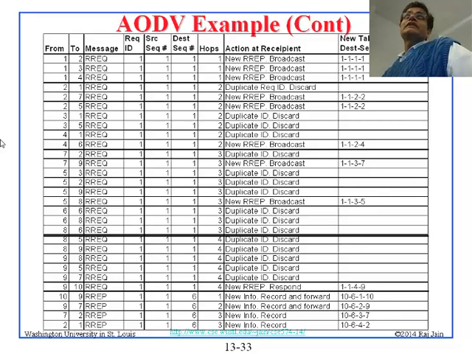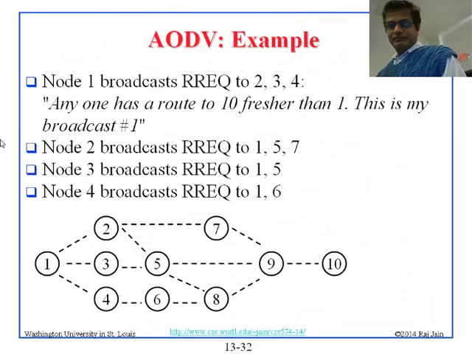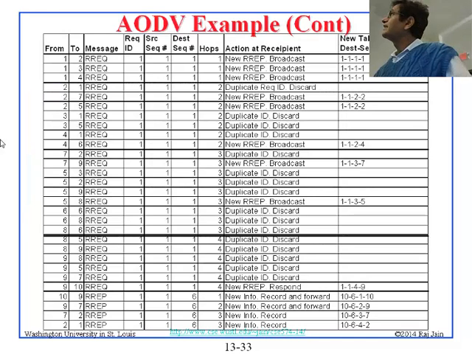Actually 2 it probably already knows, but it makes a note that to get to 1, sequence number 1, I am 2 hops away and the next node is 2. See, for 7, to get to 1, the next node is 2. Then 5 does the same thing.